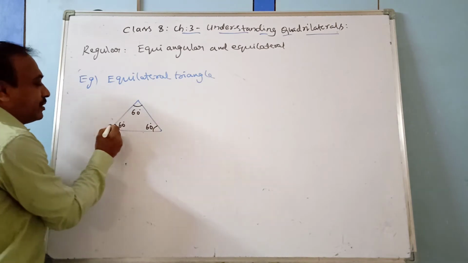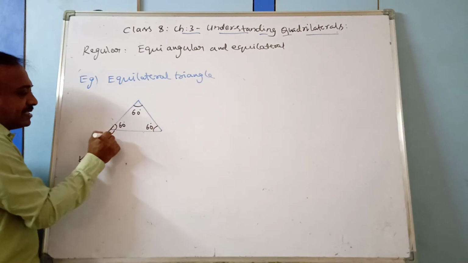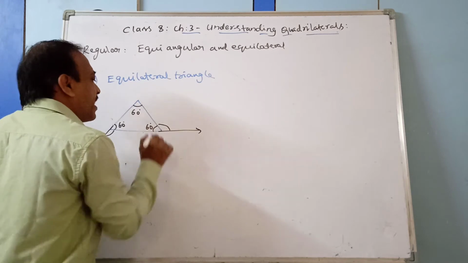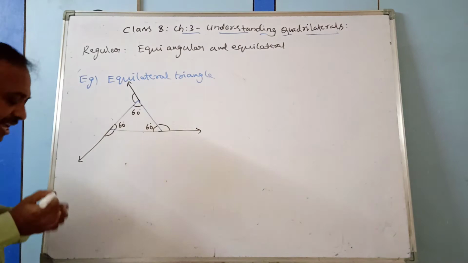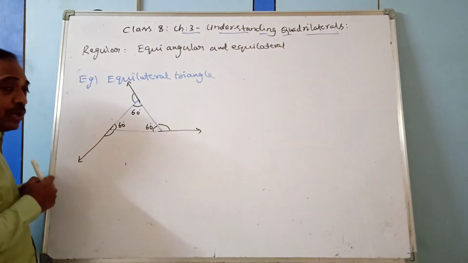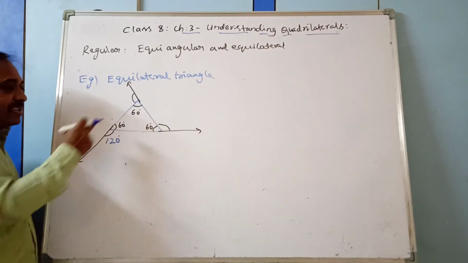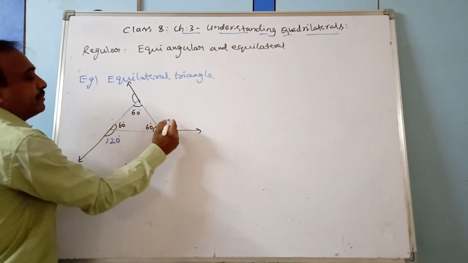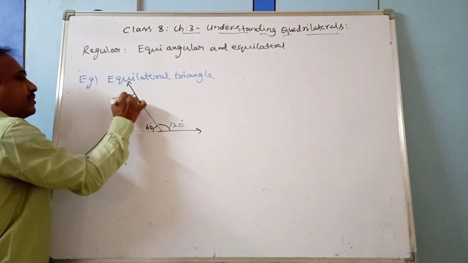Now when you are talking about the exterior angle, this is an exterior angle, this is the exterior angle, and here this is the exterior angle. As we know, in a linear pair the adjacent angles add up to 180 degrees. So if it is 60 degrees, what will be this one? 120 degrees, because 60 plus something equals 180. Each exterior angle is 120 degrees.